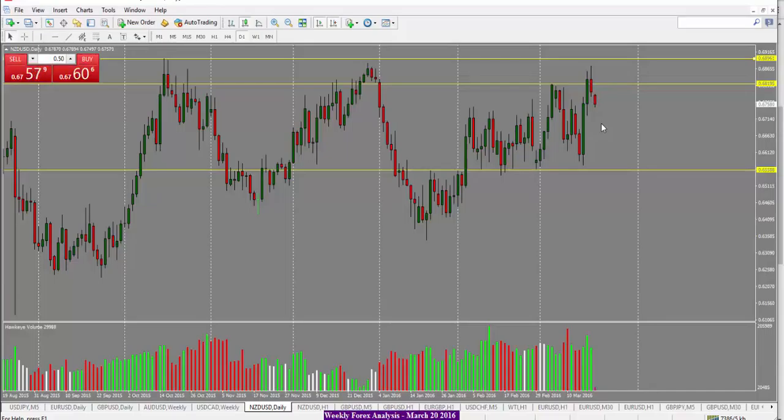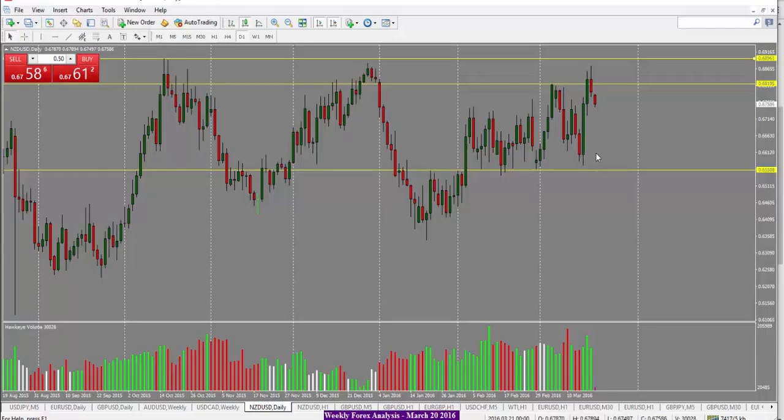So I think this could come down, and we may be looking for price moves potentially into this 0.6720 area, and then further down into 0.6680 and potentially into the 0.6580 area. So we're looking for this price move to get reversed.